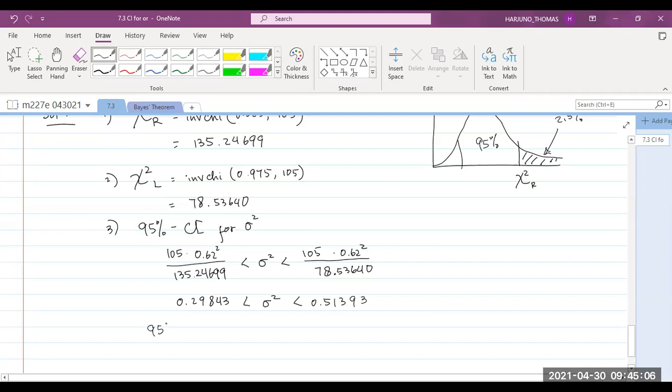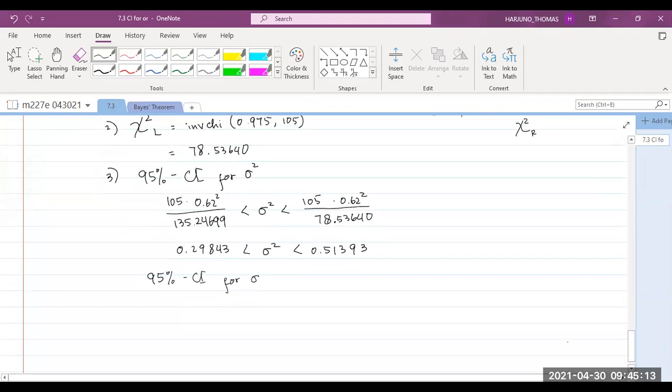So the 95% confidence interval for sigma will be the square root of those. I get the right hand side here 0.71689, while the left hand side I get 0.54629.